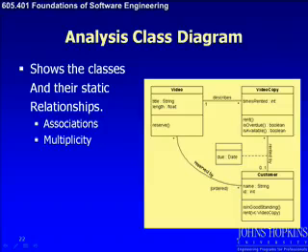Notice that the notation, the syntax of the attributes and the operations as well, is not like C++ or Java or C#. The syntax is more like Pascal or Ada.